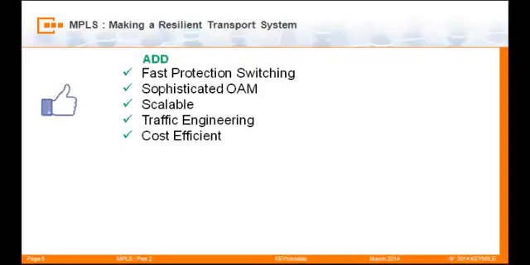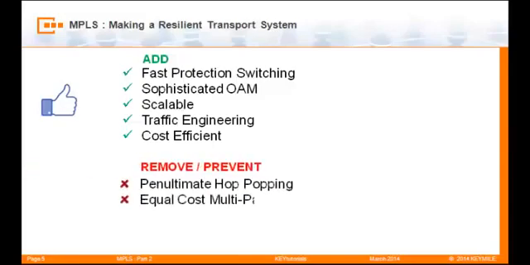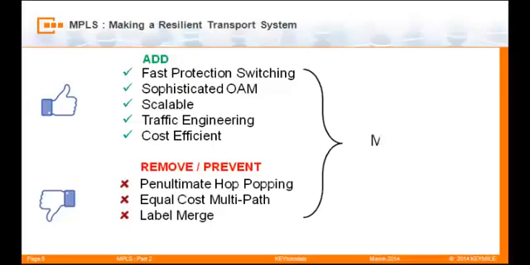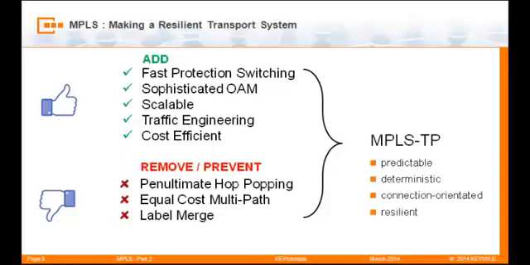But secondly, there needed to be some of the basic features of IP MPLS that had to be dropped, like penultimate hop popping, and we'll look at why in a minute. But to cut a long story short, the result was a new type of MPLS called MPLS TP, with an architecture that is predictable, with bidirectional paths, that is deterministic and resilient.